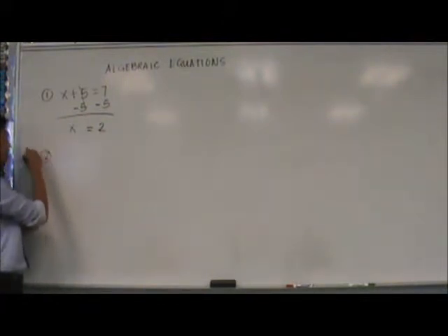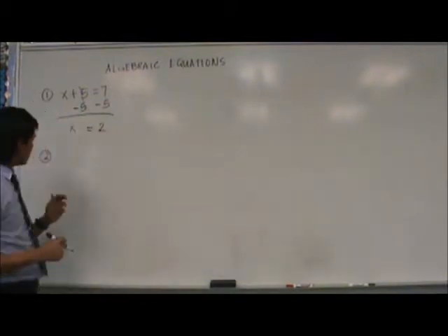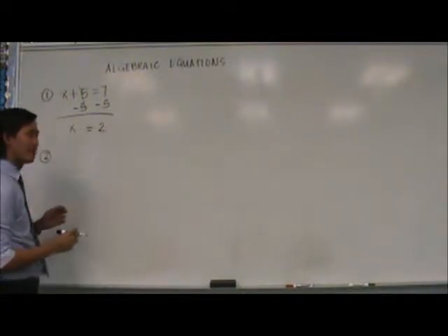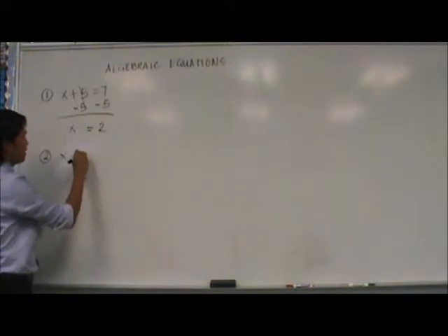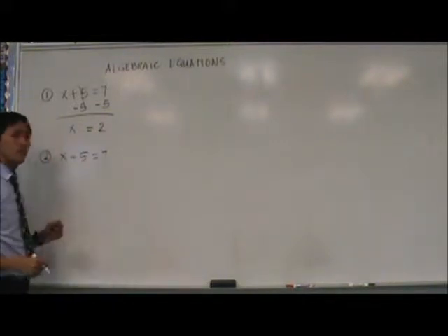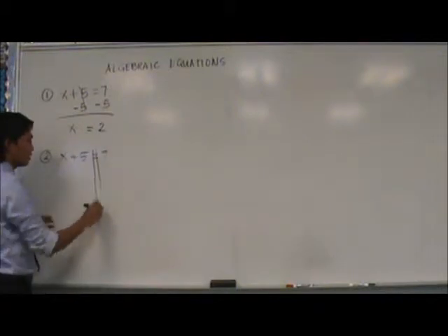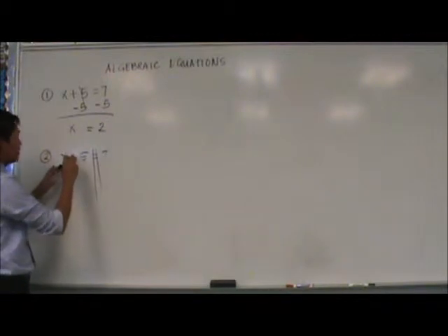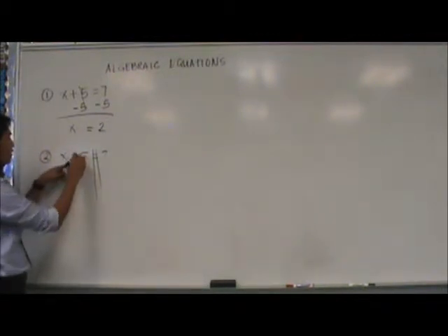Now, here in Lexington Senior High School, if we have x plus 5 equals 7, we are going to consider this equal sign to be the bridge. If we want to have x alone, we have to get rid of that plus 5.